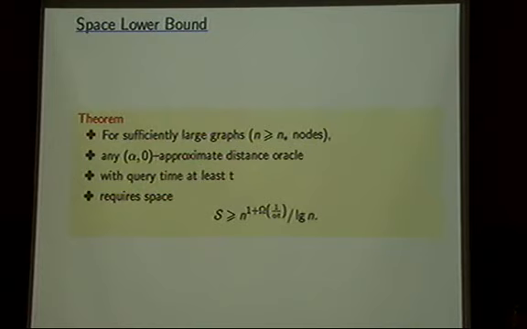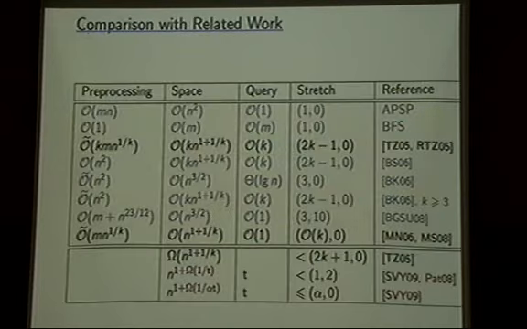So we proved that for sufficiently large graphs, any distance oracle with stretch alpha and query time at least t. So this t is in the cell probe model. I will explain in a second what it means. Any distance oracle with stretch alpha and time t requires space at least this. Okay, this looks like a weird expression. Let's see it in context.